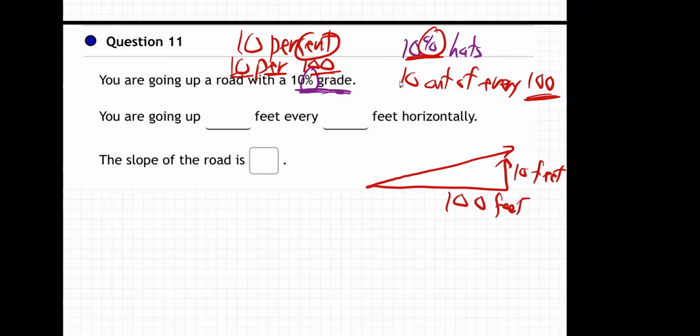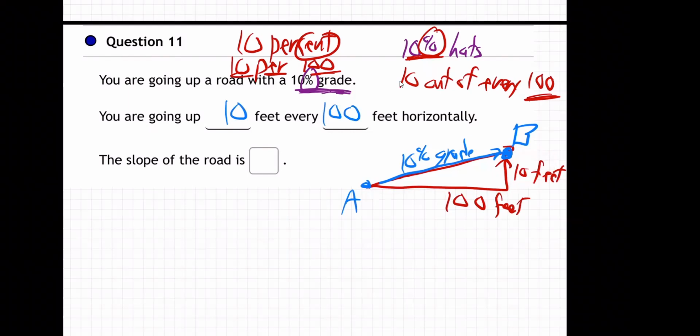If you go from point A to point B at the top of the hill, along a 10% grade, that means 10 per 100. You go up 10 every 100. So you're going up 10 feet for every 100 feet horizontally.